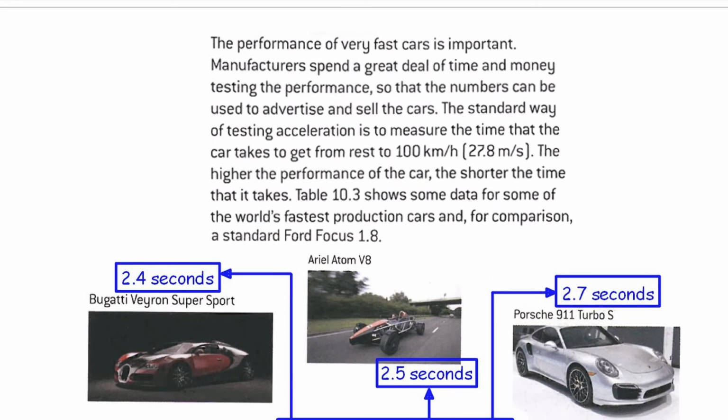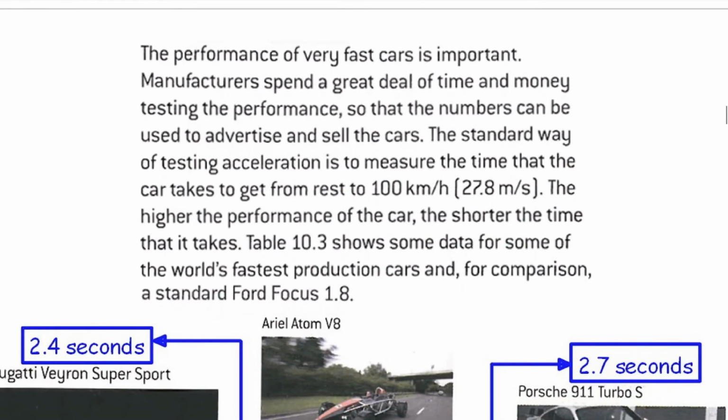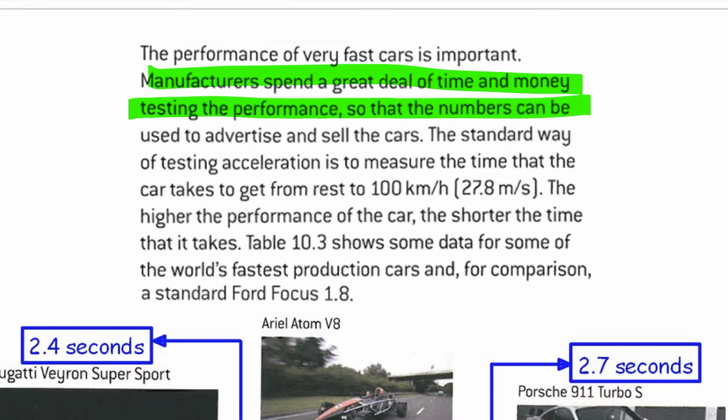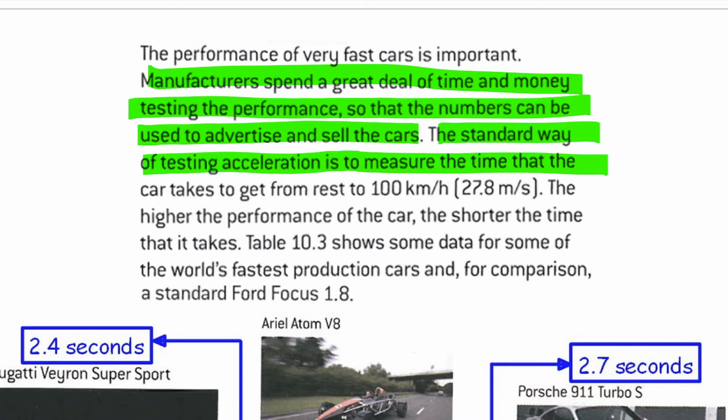And the final activity for lesson 2 is this. I'll read this out. The performance of very fast cars is important. Manufacturers spend a great deal of time and money testing the performance so that the numbers can be used to advertise and sell cars. The standard way of testing acceleration is to measure the time the car takes to get from rest, notice that word rest again, to 100 kilometers per hour.